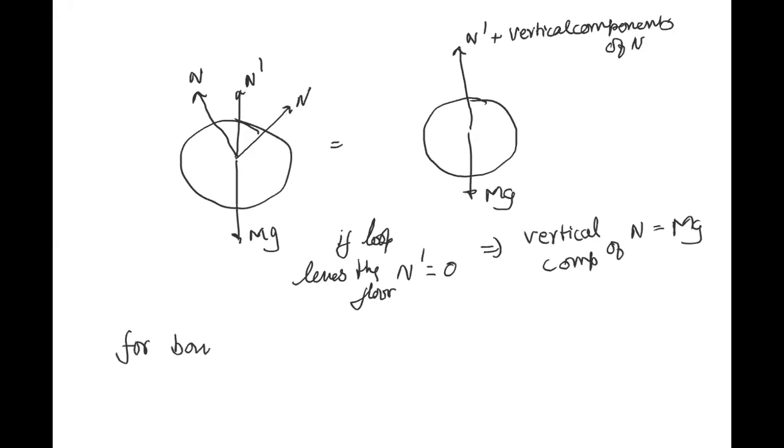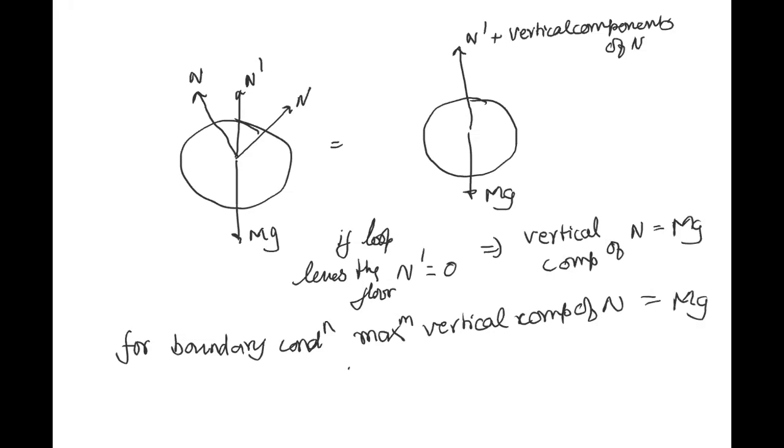For the boundary condition, the maximum vertical component of n should be equal to mg. 2 by 3 mg should be equal to mg. M by m should be equal to 2.